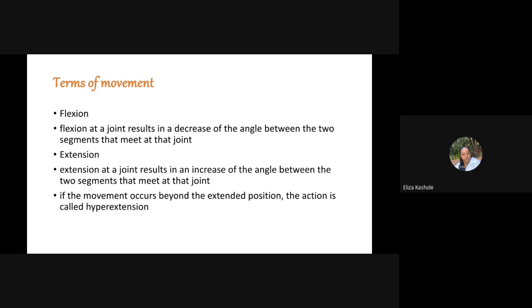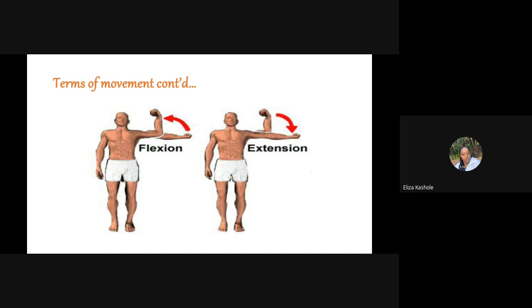Here, you have your arm extended like that, and when you flex, you've decreased the angle at the elbow joint, between the arm and the forearm.